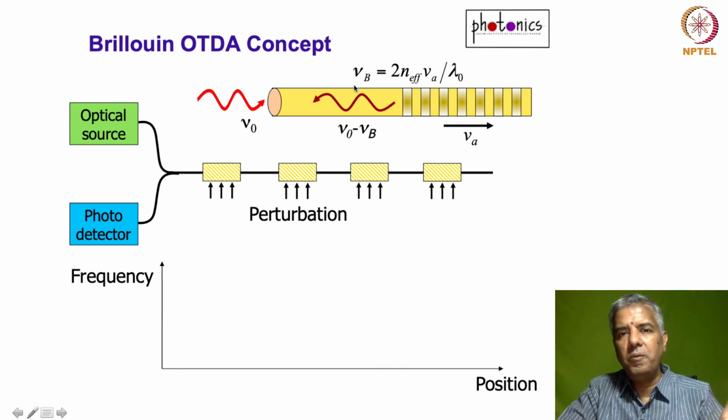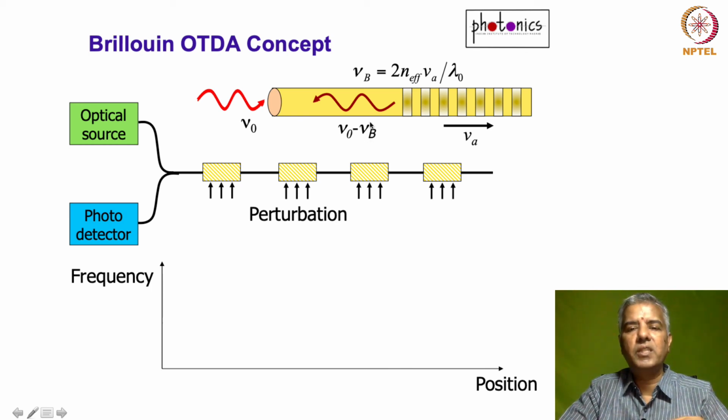Contrary to what we were doing with the Rayleigh and Raman backscattered signals, where we were making an intensity measurement, in this case I want to make a frequency measurement. Specifically, I want to extract this frequency nu b. So if I look at the backscattered frequency as a function of time, and that time can be converted to position just by knowing the velocity of light in this medium, then I can get a perturbation map along the length of the fiber. So this is what happens.